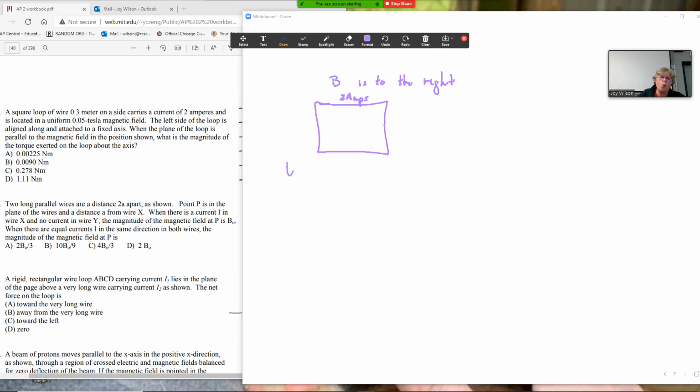So what happens if we decrease B? What happens if I make my magnetic field strength get smaller to all those parts?